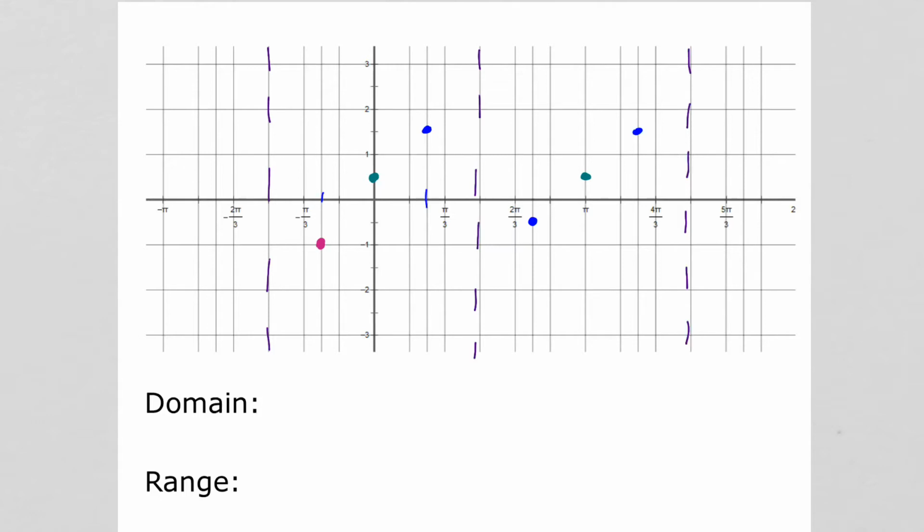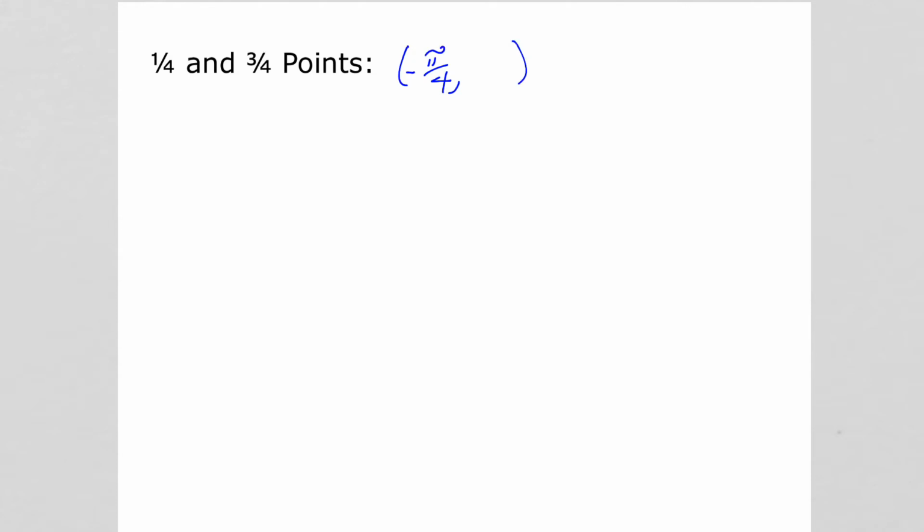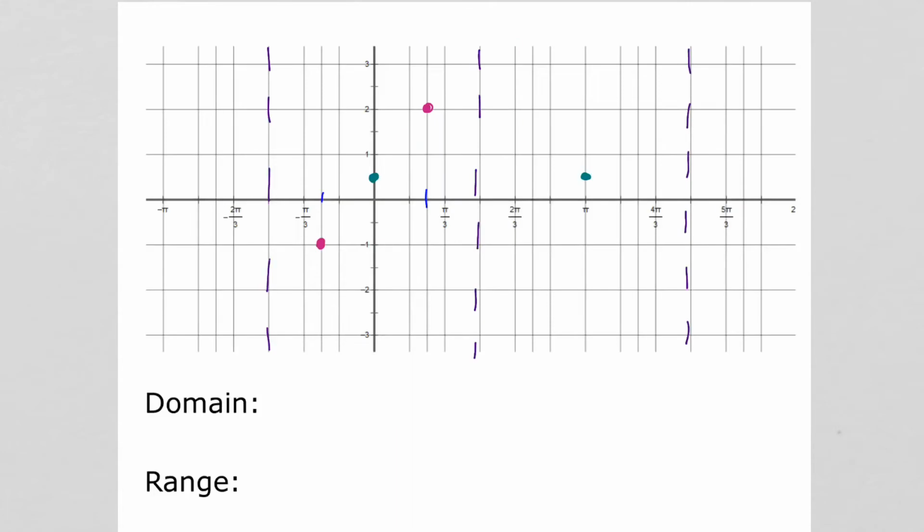And then 1 1/2 from the point of inflection up. We could have done that before, or we can do it after, however it works for you. So the points are now negative pi over 4, negative 1, and positive pi over 4, 2. And we'll go ahead and add on the other ones now.